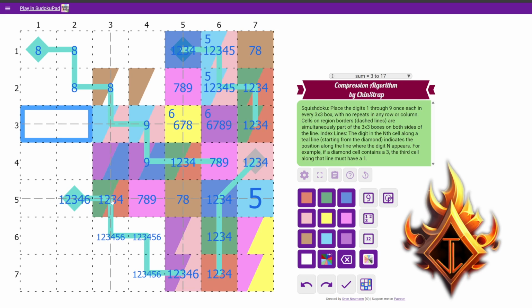That's 8. What other color am I missing? Brown? Yeah, brown. So it's dark blue, bright pink, or brown is what it is.